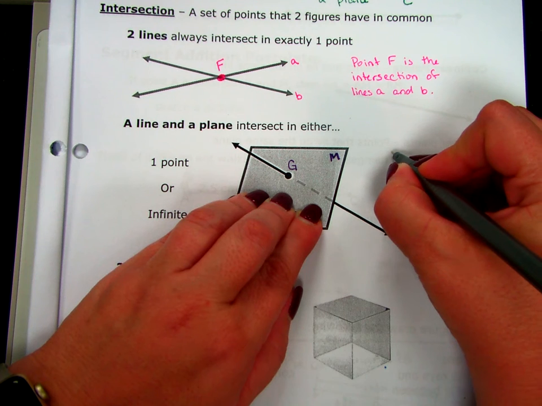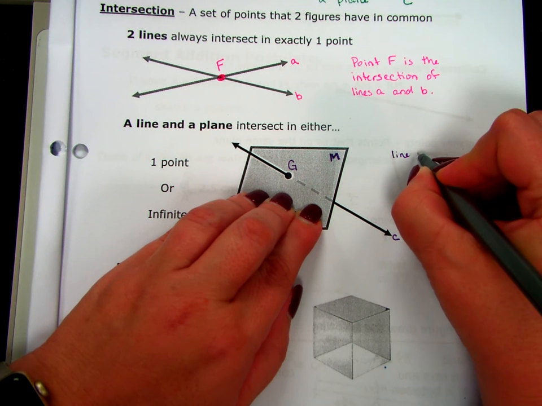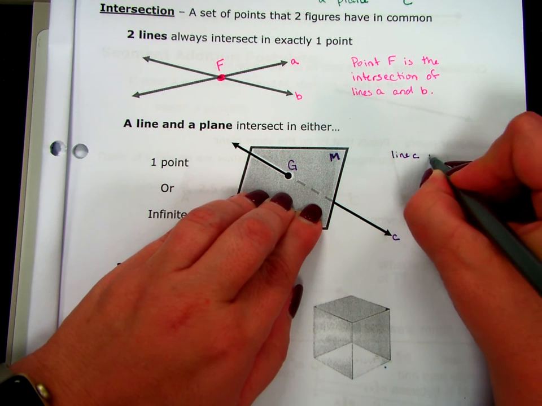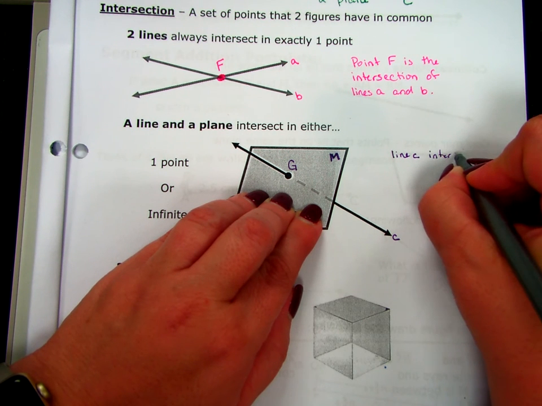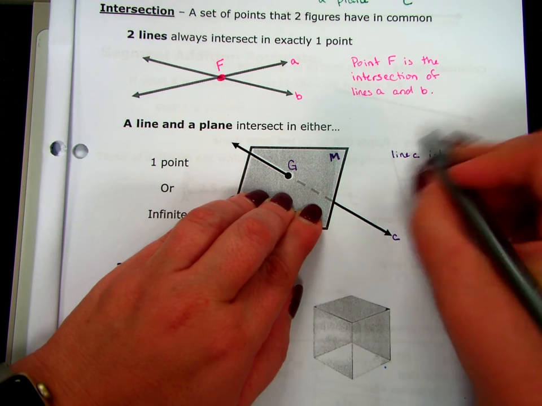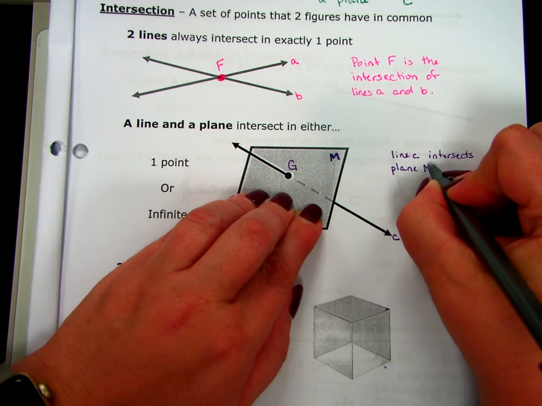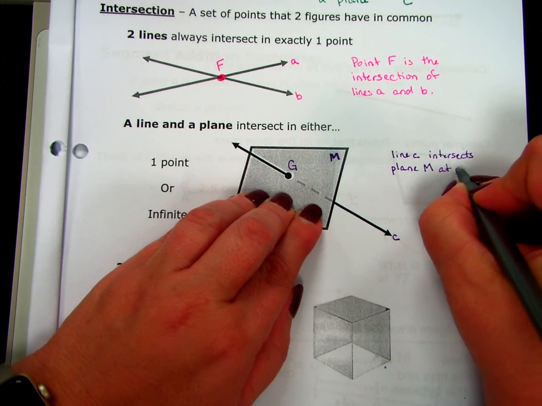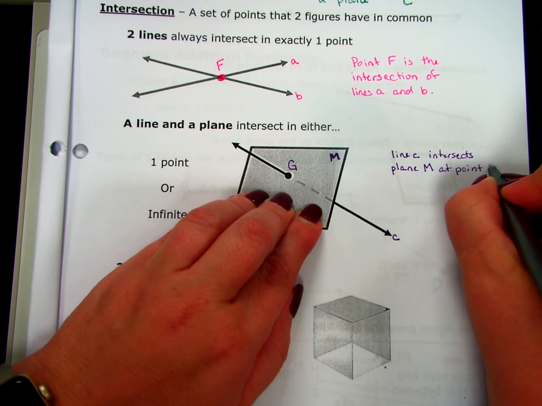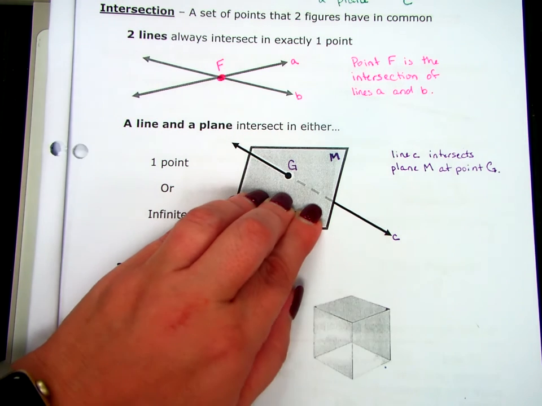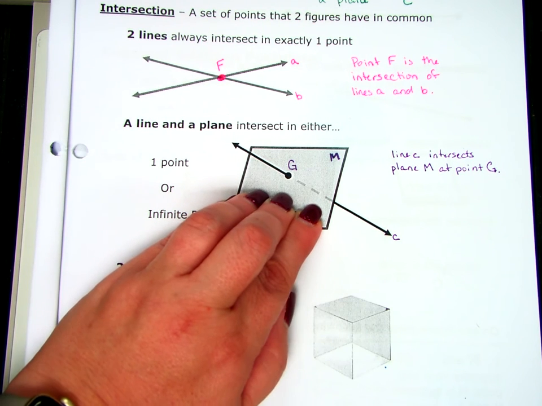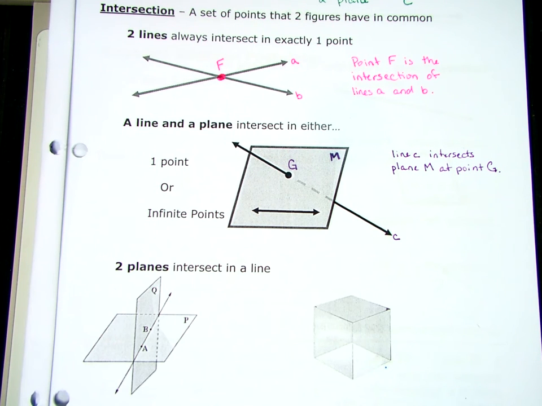I'm going to say line C, lowercase c, intersects plane M at point G. That line's only touching that plane in just that one spot.